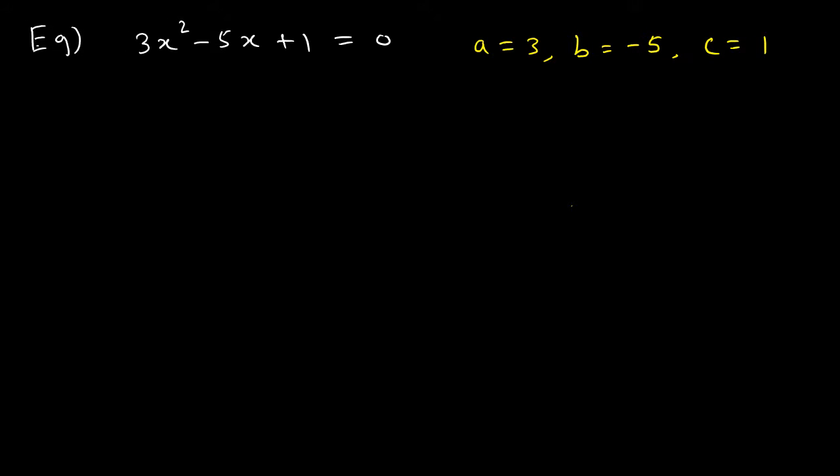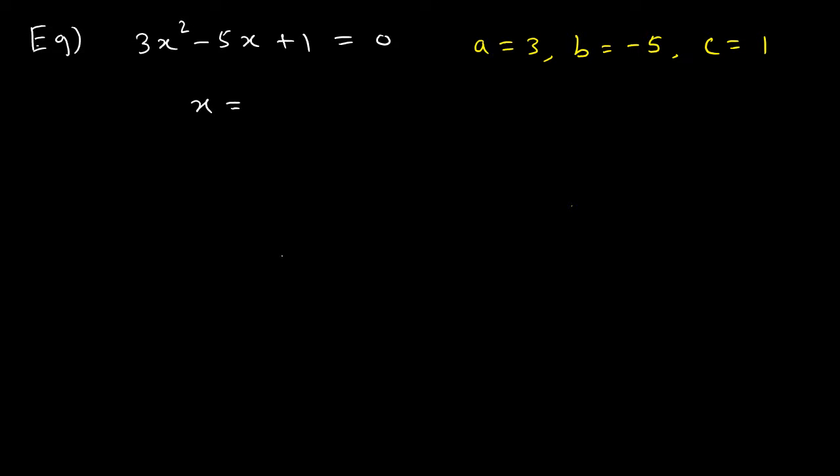So the next one, we have, let's say, 3x squared minus 5x plus 1 equals 0. And in this problem you can see that a is equal to 3, b is equal to negative 5, c is equal to 1. So let's plug in.